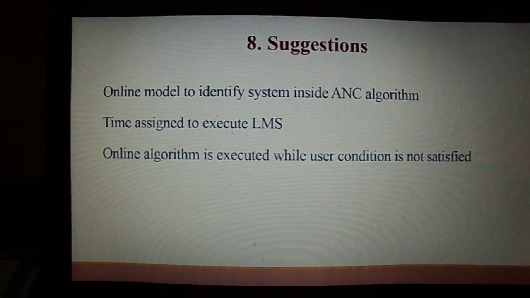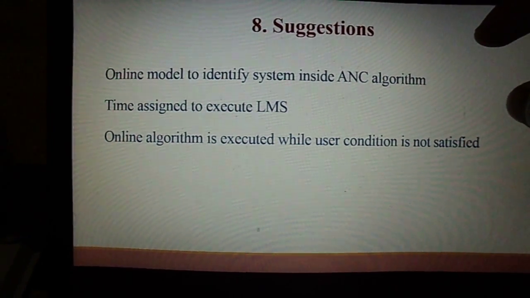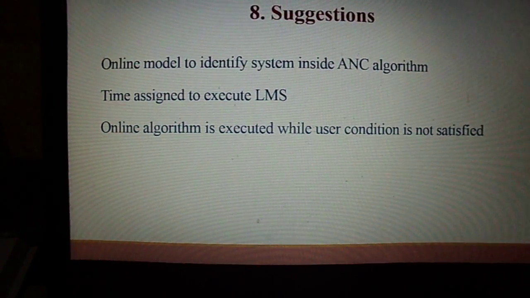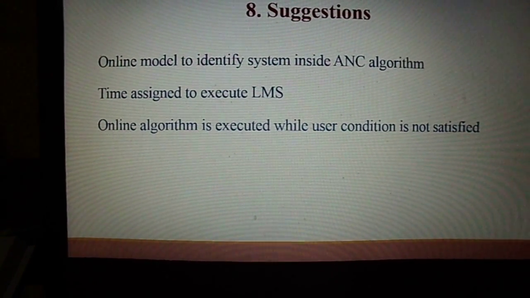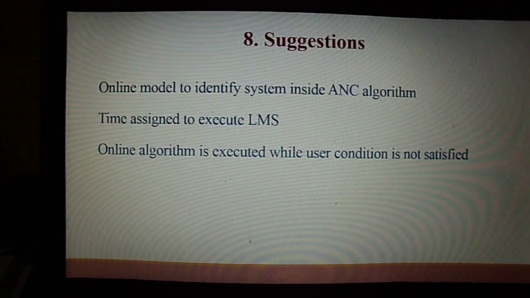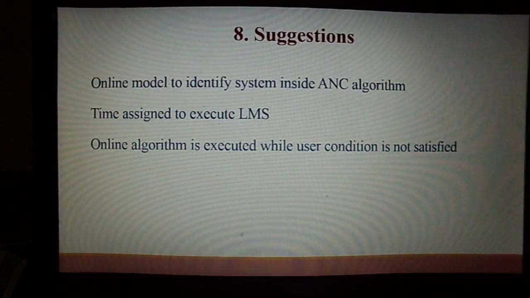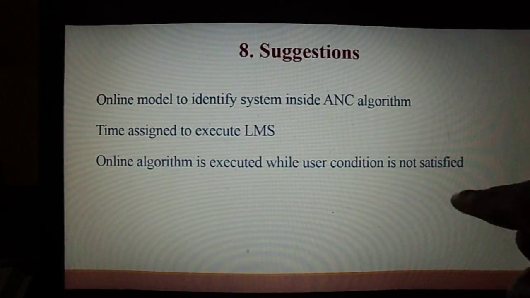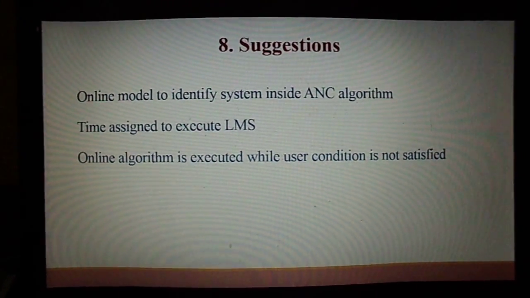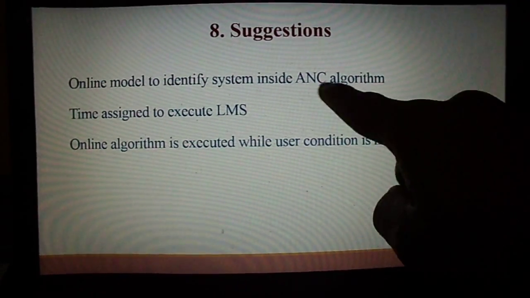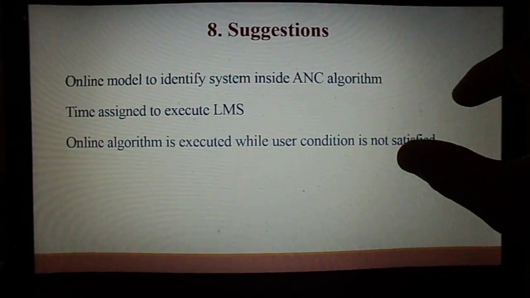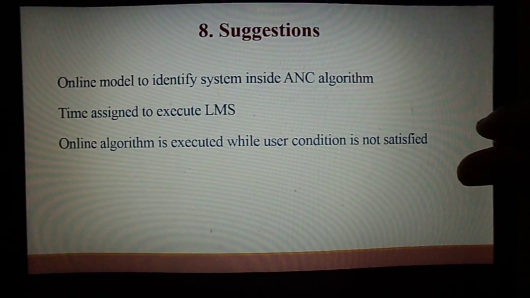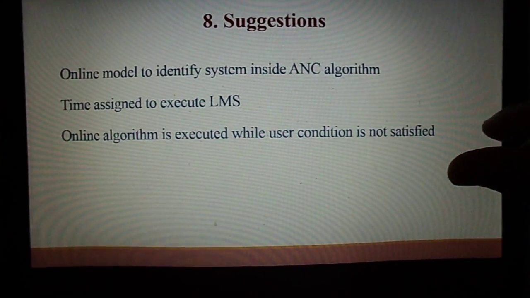Suggestions: an online model is suggested to identify the system inside the acting control algorithm, and the time assigned to execute it is Least-Mean Square. Otherwise, the online algorithm is executed while the user condition is not satisfied. That means online algorithms identify the system inside the control loop, because sometimes the offline identification process has other adaptive coefficients.